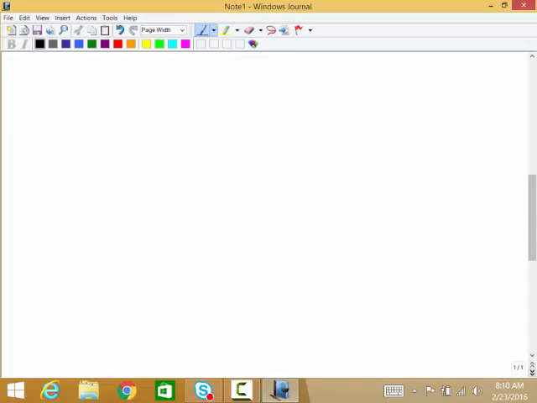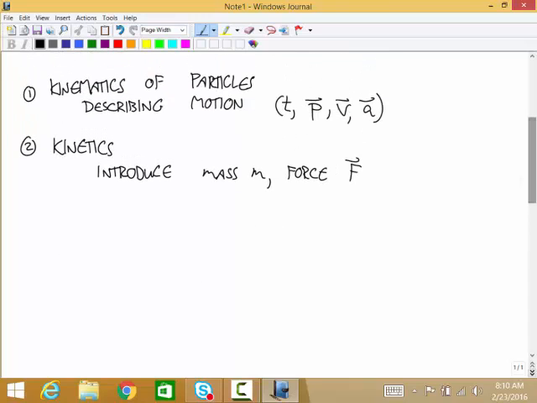And mainly, kinetics is about Newton's second law. We'll talk about Newton's first law, Newton's third law a little too, but mainly it's the second law. And that one says that if you add up all the forces on a body, that's equal to the mass times the acceleration.